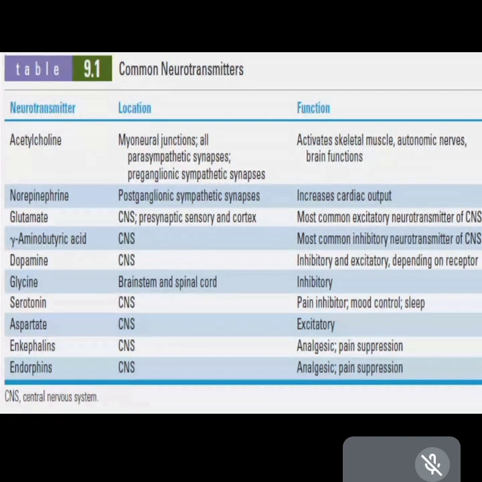For pain suppression or inhibitory: the serotonin or the enkephalins and endorphins. And then the most common inhibitory neurotransmitter of the CNS is the gamma-aminobutyric acid, or the GABA. It's the most common inhibitory neurotransmitter.